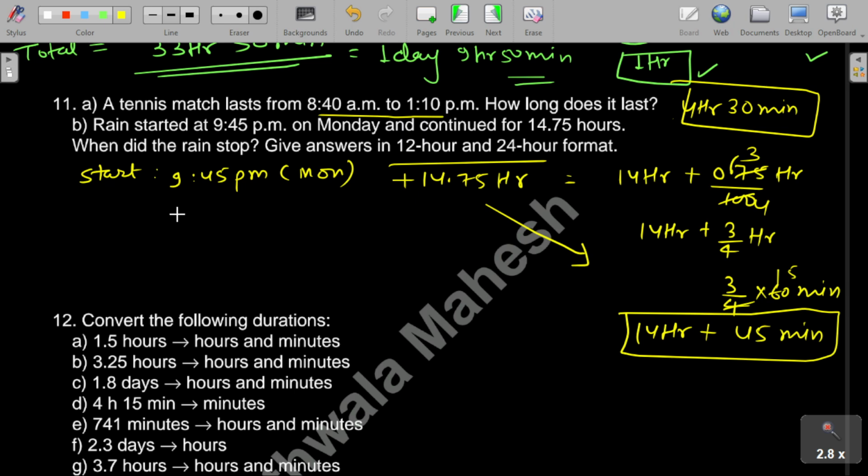So if we add 14:45 to this, then we will get the time when the rain stops.